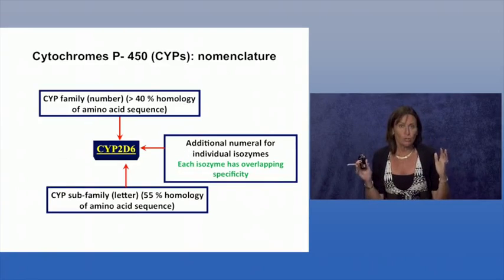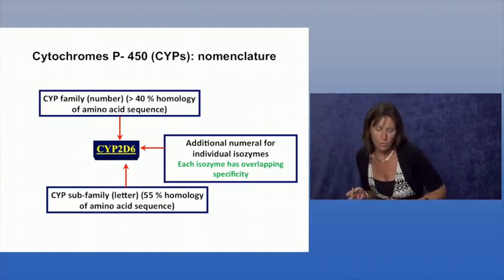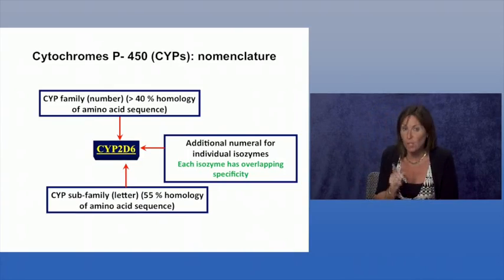Now this is a huge family of enzymes, and therefore there is value to appreciating the nomenclature in somewhat greater detail. What I am showing you here is an example of just one CYP enzyme, CYP2D6. So what do all these 2D6 letters mean?